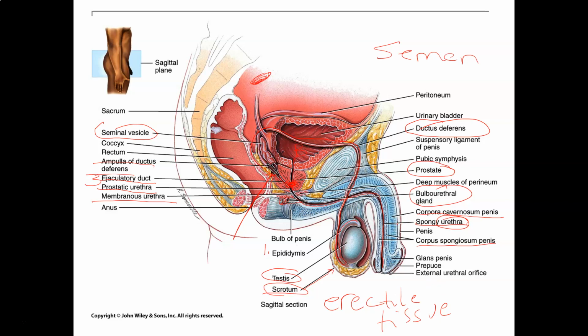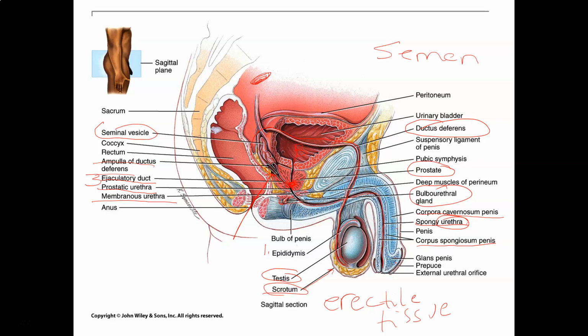This is controlled by the autonomic nervous system. So those spaces in here, these little cavities, fill up with blood during an erection. That makes the penis erect. And the purpose of that is that the penis is what they call the copulatory organ in males.